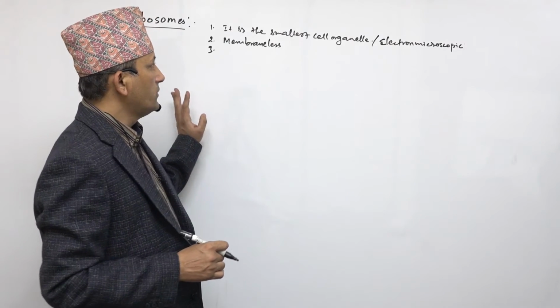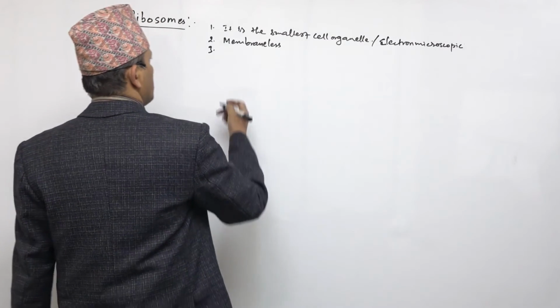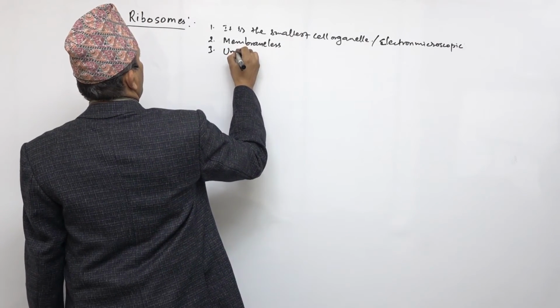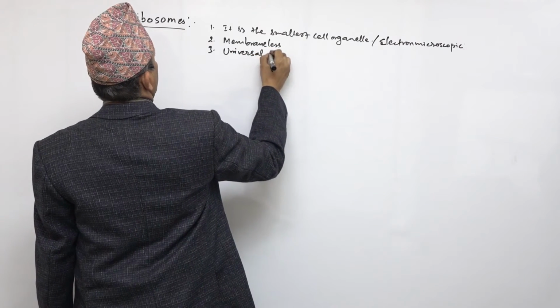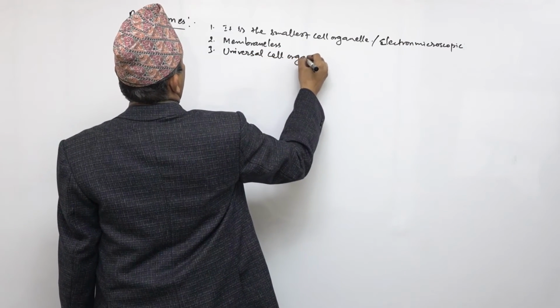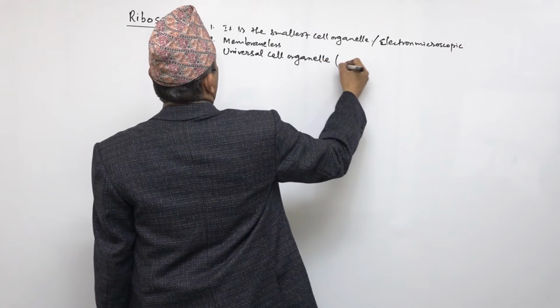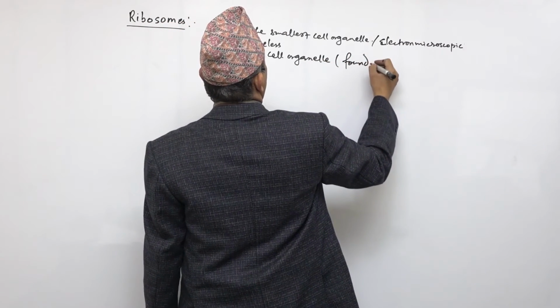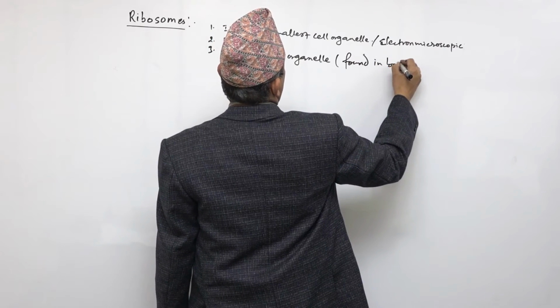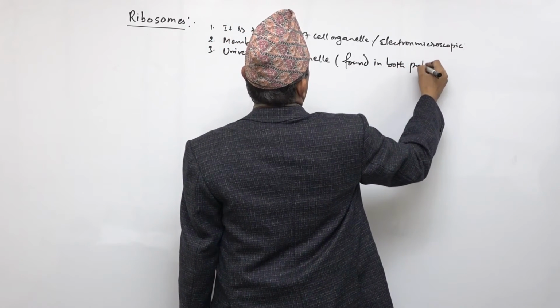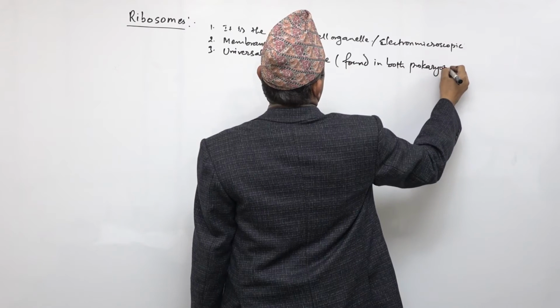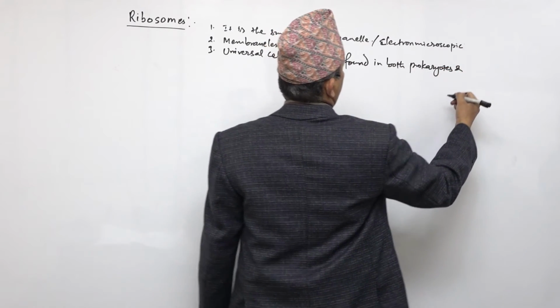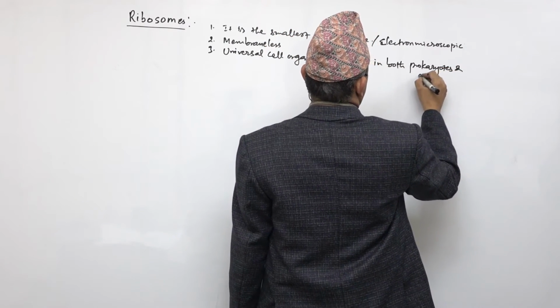That's why it is called a universal cell organelle. So it means found in both prokaryotes and eukaryotes.